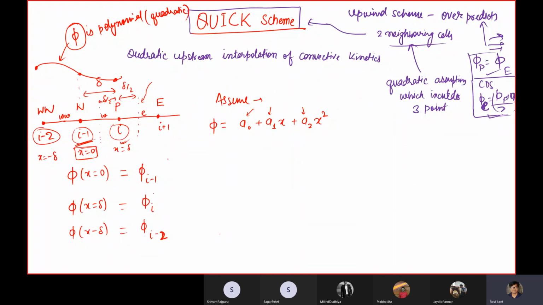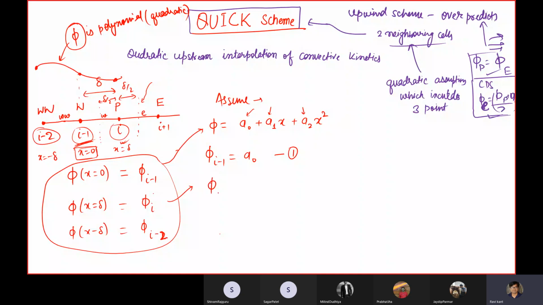Now let's plug these in. At x is equal to 0, the other terms go, so you are left with a0. This is equation number 1. When I plug in x is equal to delta, I get phi I is equal to a0 plus a1 delta plus a2 delta square. This is my equation number 2.